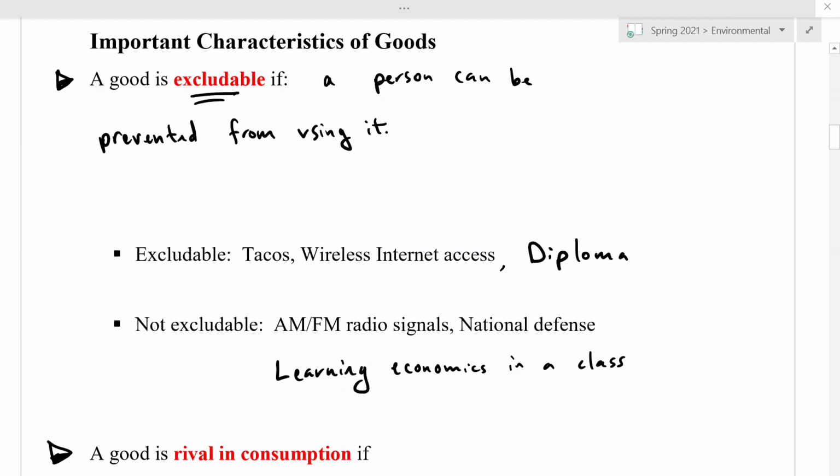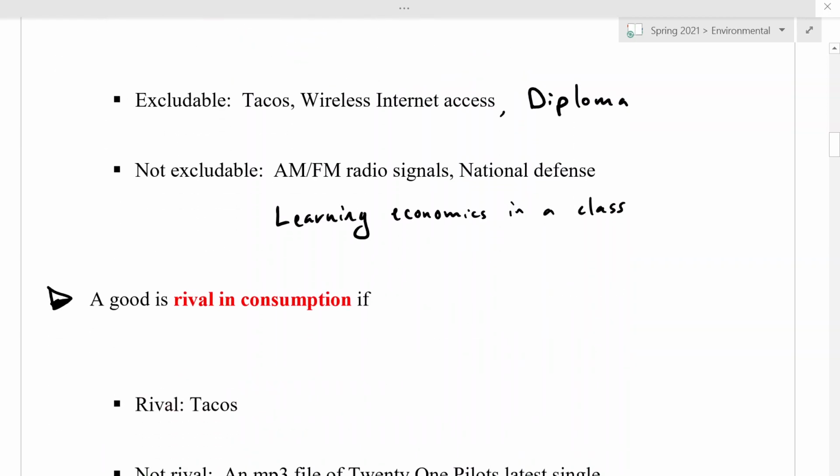Excludability is one important concept. The next one is rival in consumption.